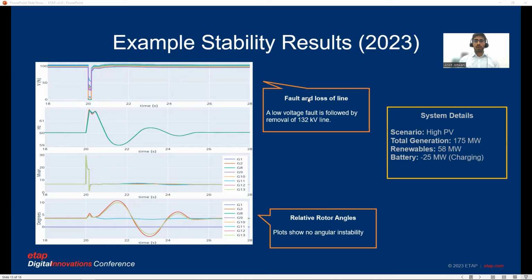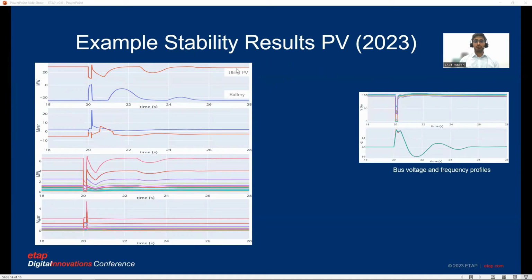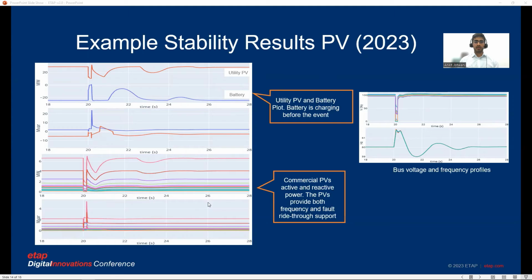What is more interesting for this case is the behavior of the different converter-based units. Here we see the responses for the utility PV and the battery plant, and here we see it for the commercial PVs. For active power, we see that the active power drops because it is limited by the voltage in the system. However, after the event is cleared, the active power responds as per the frequency regulation and ramp values to balance the frequency deviations.